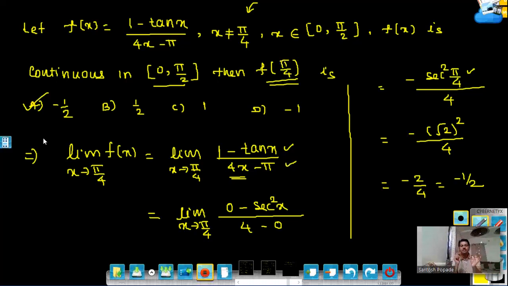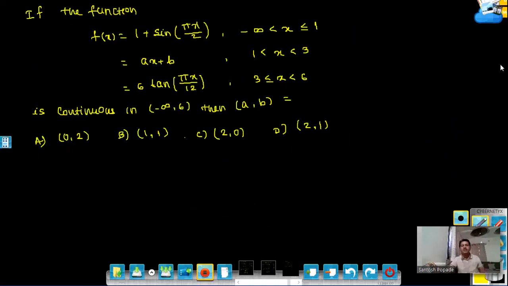Let us move further. See this function. The function f of x is given to be 1 plus sine of pi x by 2, where minus infinity less than x less than or equal to 1, it is equal to ax plus b for 1 less than x less than 3, and it is equal to 6 into tan of pi x by 12 for 3 less than or equal to x less than 6.